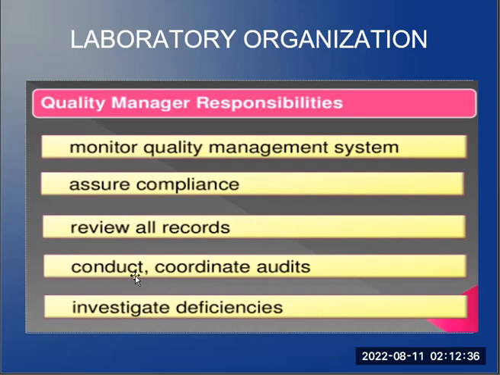Then investigate deficiencies. The quality manager may organize a meeting, usually monthly, to discuss all of the deficiencies in the lab, explain why they happened, and give solutions.